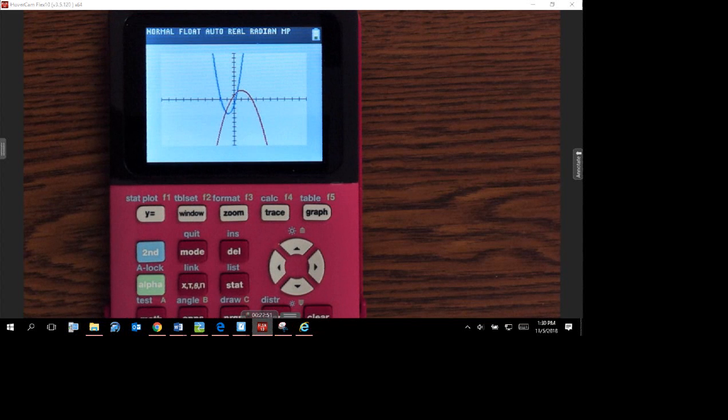Okay, so I have my graph. You can look at your graph to make sure that yours looks the same. And then we will find the answers together.